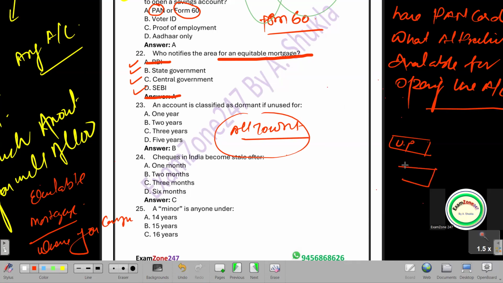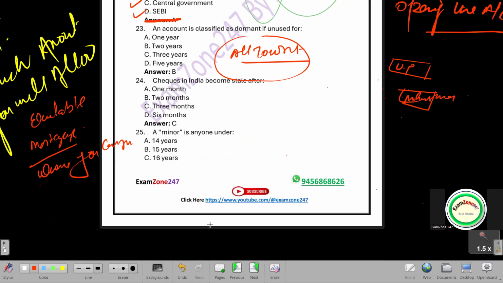Can it be mortgaged as an equitable mortgage in Maharashtra? Or the branch is in Maharashtra, can it take that property as a mortgage? Yes, there is no restriction, you may go. What is the validity period of a check?